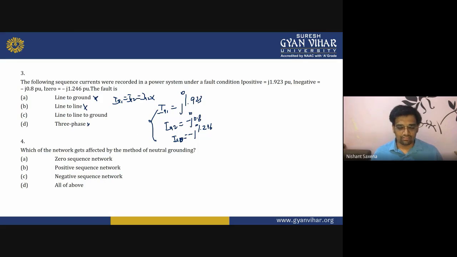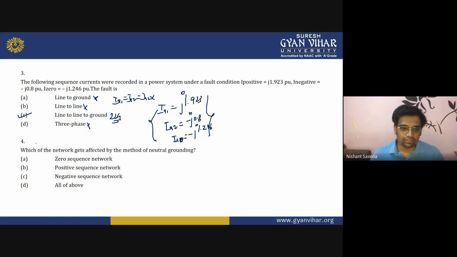Three phase fault, can we have a three phase fault? No, this is also not an option. Only the remaining option is the line to line to ground fault, that is the double LG fault. In this way you can solve these questions very easily and quickly without solving these types of problems numerically.